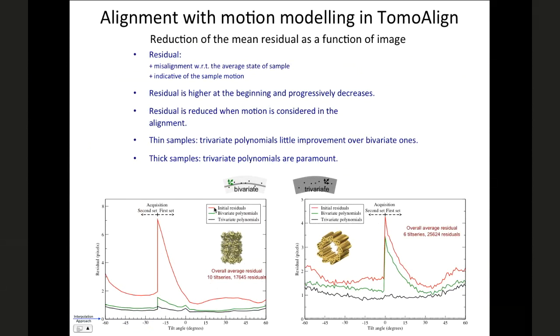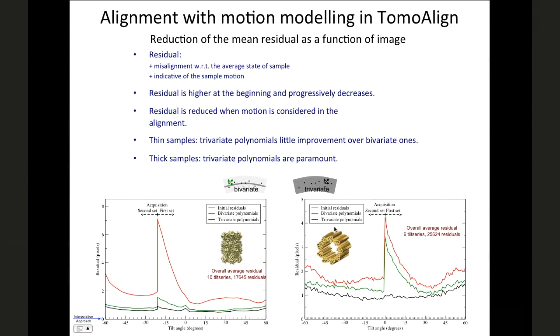And when we use motion correction or motion consideration in the alignment, we can see that the residual is substantially reduced. And here we have an interesting point, because for thin samples, we can see that with either bivariate or trivariate polynomials, there is little difference between them, indicating that the variation of the motion from top to bottom is very little and can be ignored.